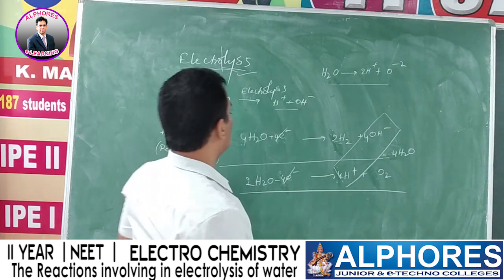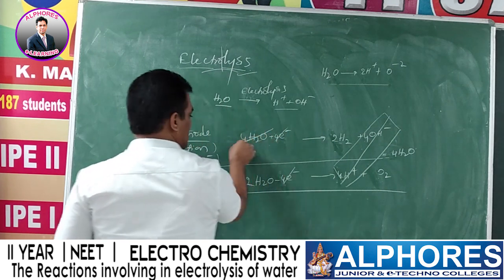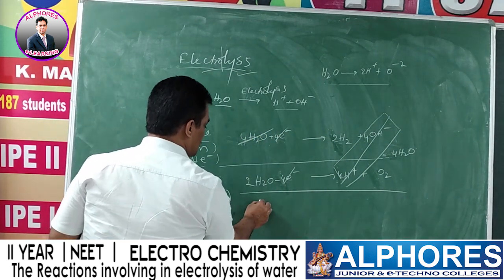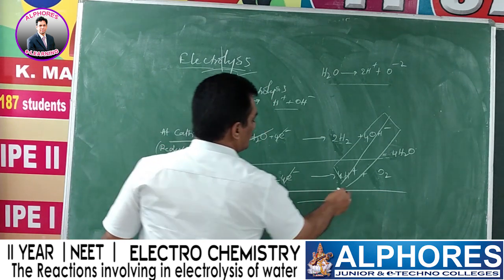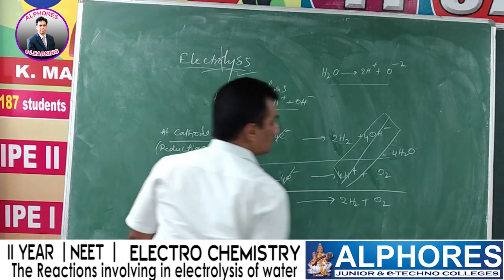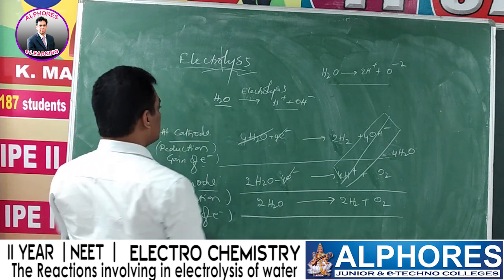So 4 H2O is balanced and cancelled, and now ultimately what we are getting is 2 H2O giving 2 H2 plus O2. This is what happens in the electrolysis of water in the electrolytic cell.